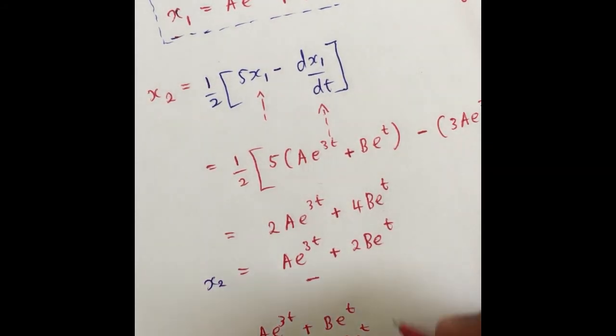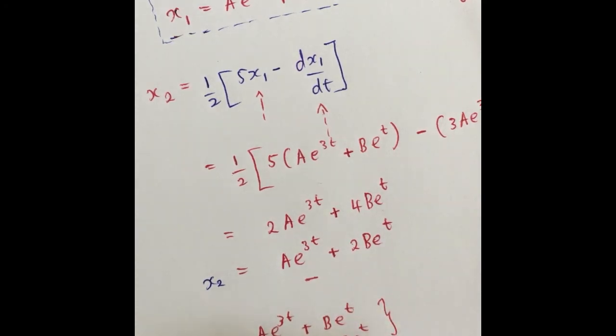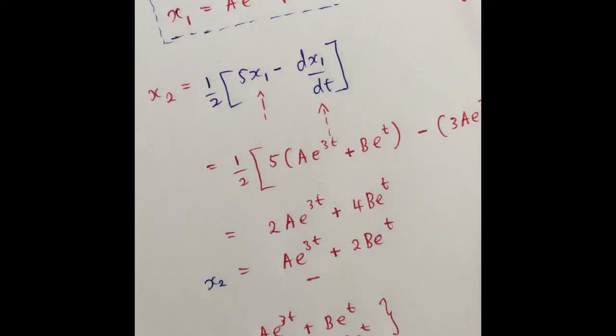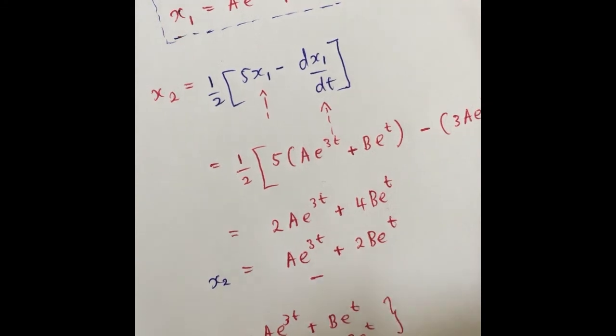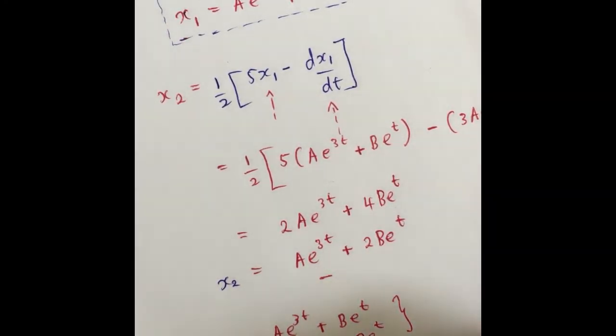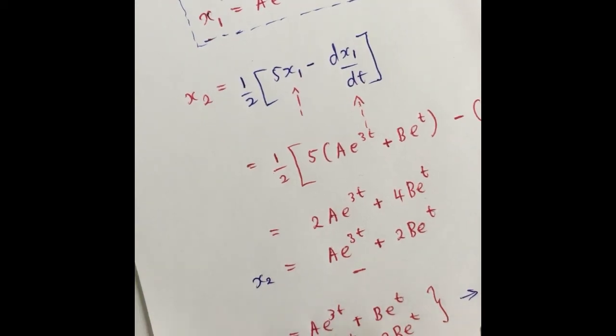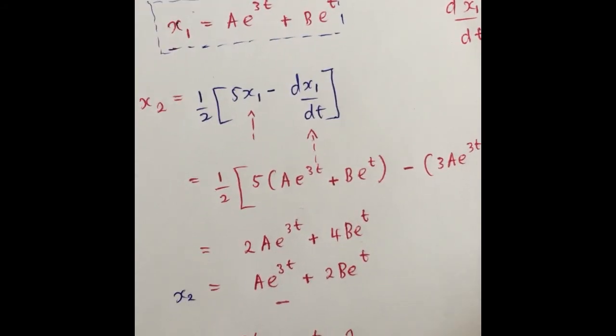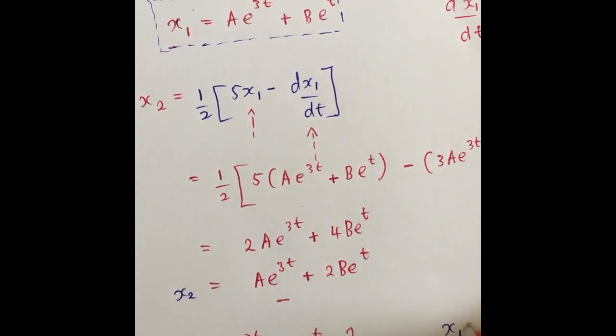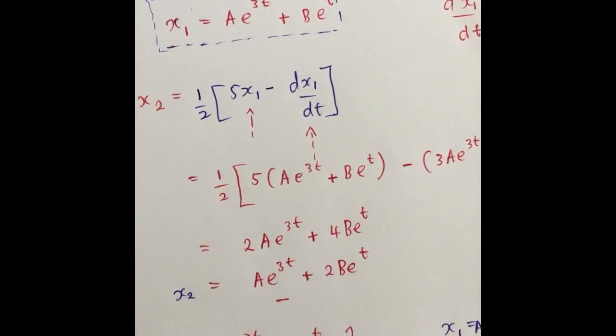Okay, guys, once you reach here, I want to teach you a very simple technique. You take x1 and x2 as a vector: a e to the power 3t times the vector (1, 1), plus b e to the power t times the vector (1, 2).